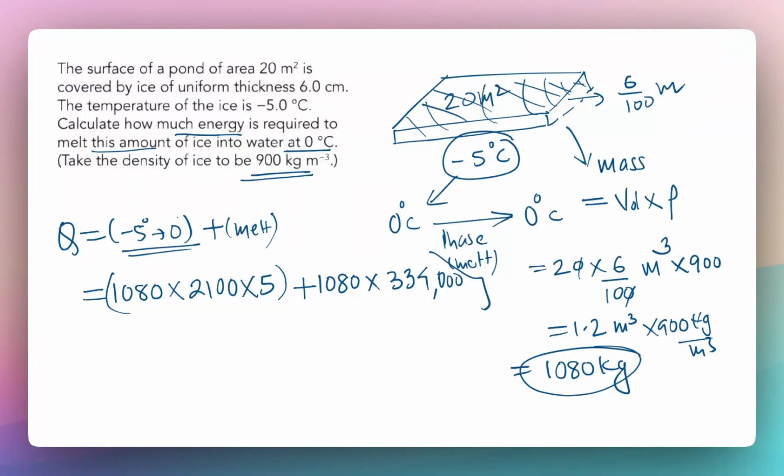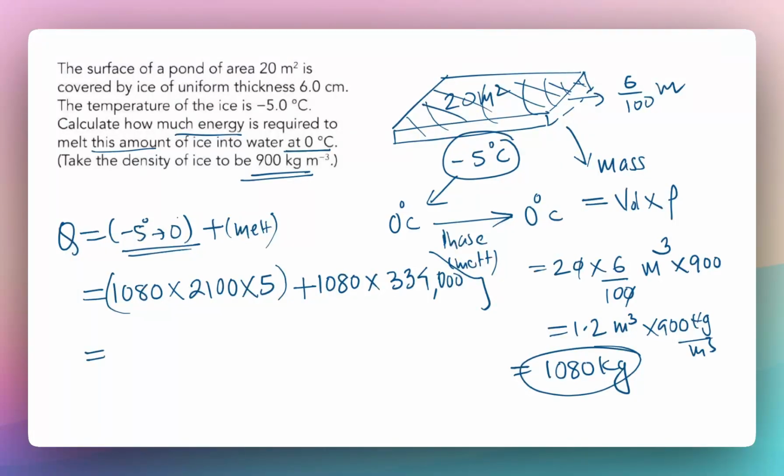So we do the maths, and this is going to be equal to, we can now do this maths. So this seems to be a large number. Let's convert everything into kilojoules for the ease.